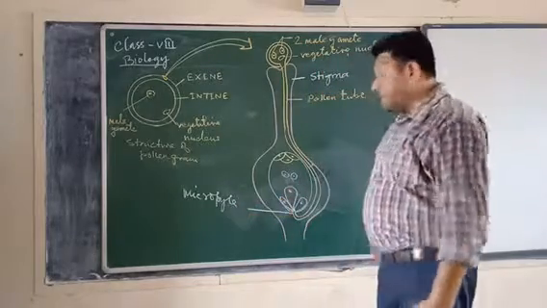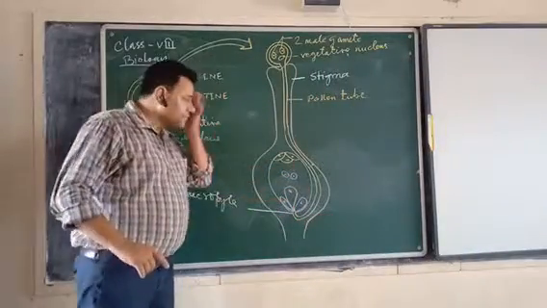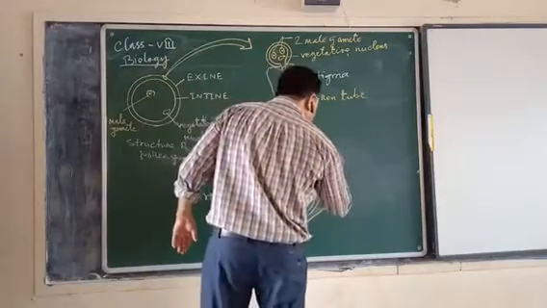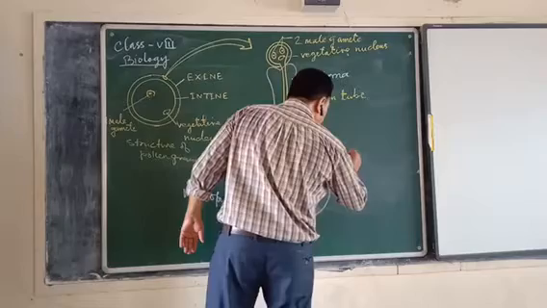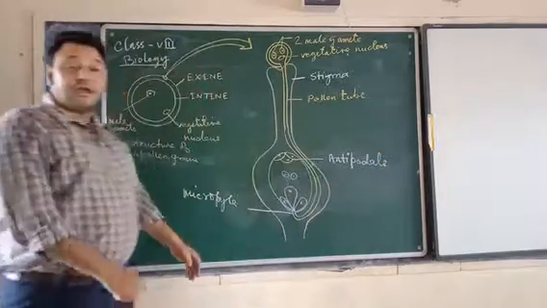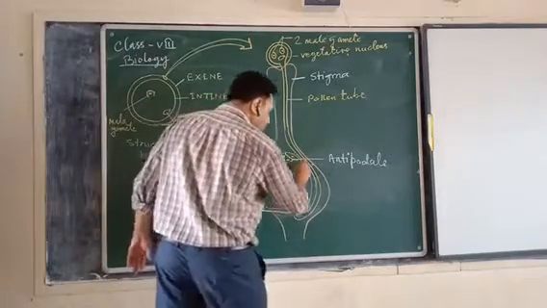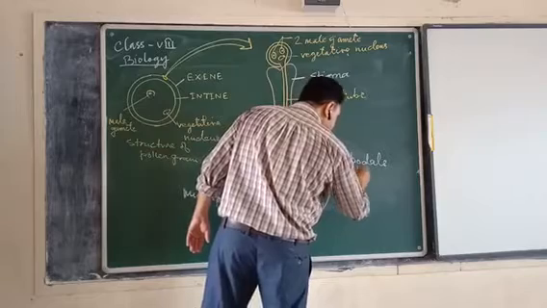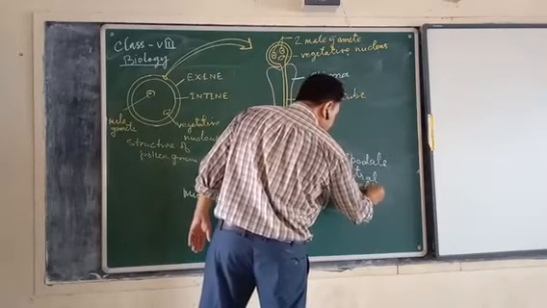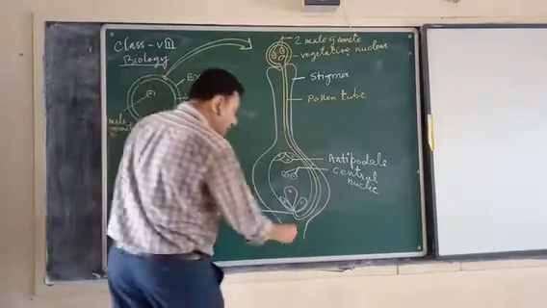Let us have a discussion about the embryo sac that is made here. You see, the upper three cells are known as antipodals. They too are called central nuclei.